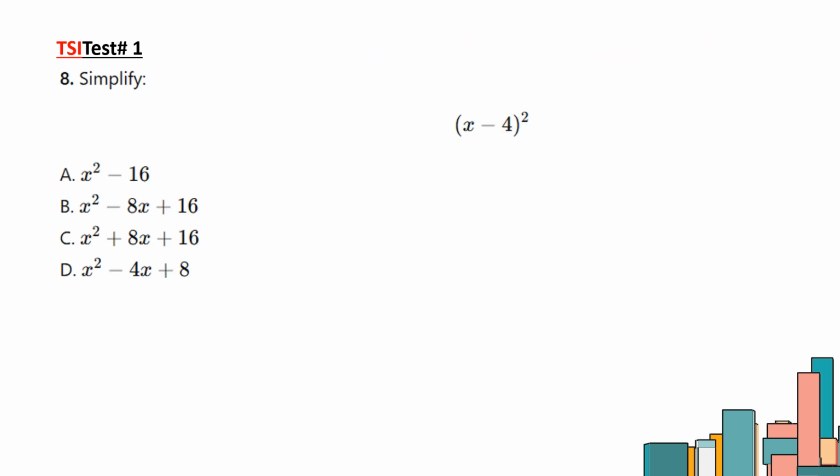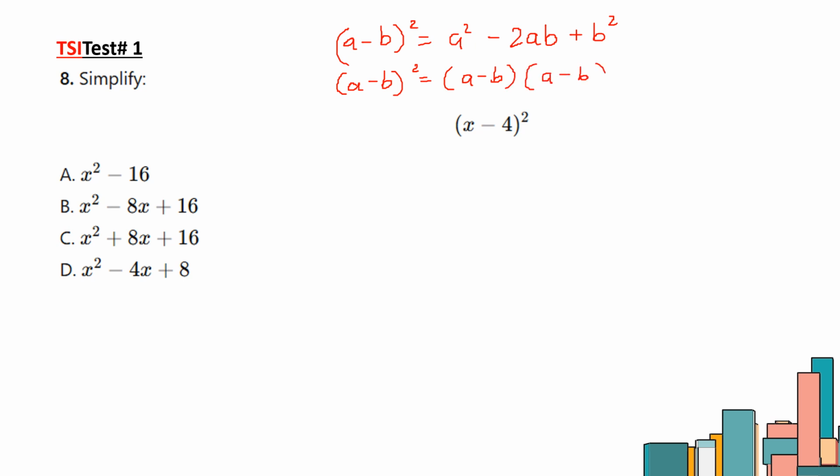Question number 8. For this type of question, we have a formula: a minus b all squared equals a squared minus 2 times a times b plus b squared. If you don't remember this, you can also do the calculation of a minus b times a minus b.